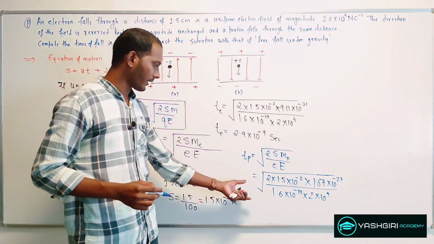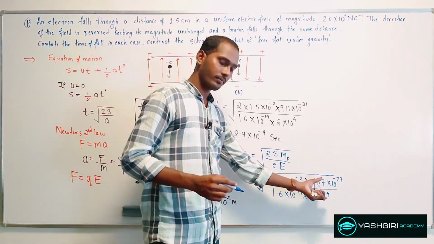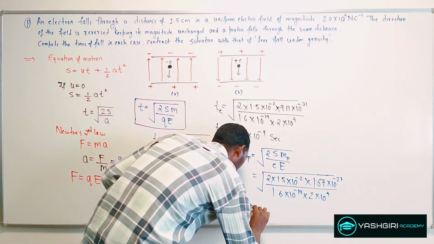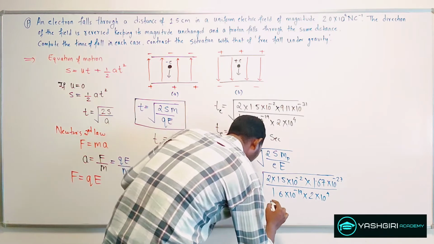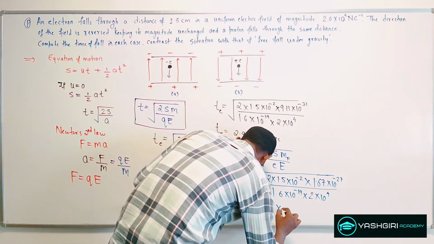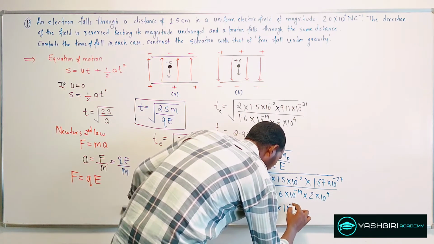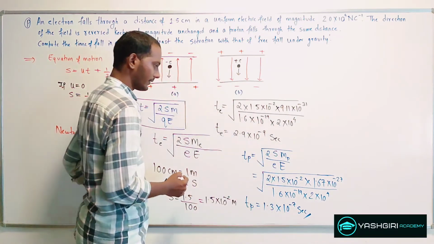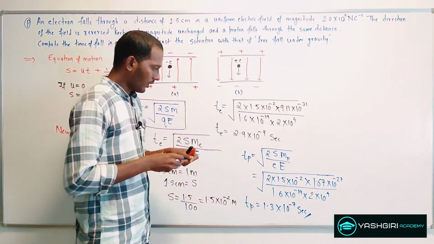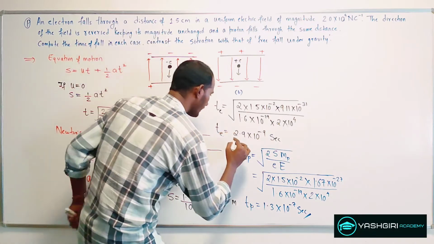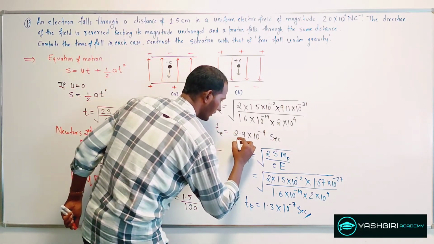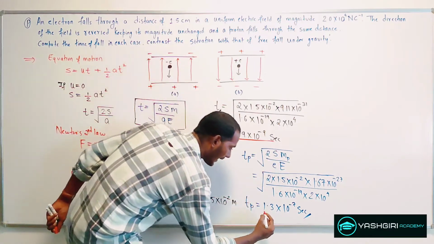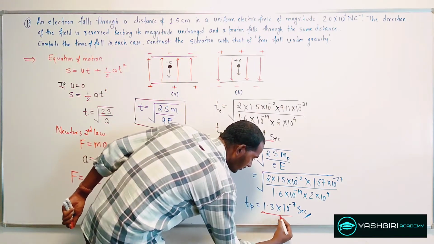And again, if you just solve this, you will be getting the time fall for your proton will be equal to 1.3 into 10 to the power minus 7 seconds. So that's the answer that you will be getting. So here we have got the time fall for your electron, and this is the time fall for your proton.